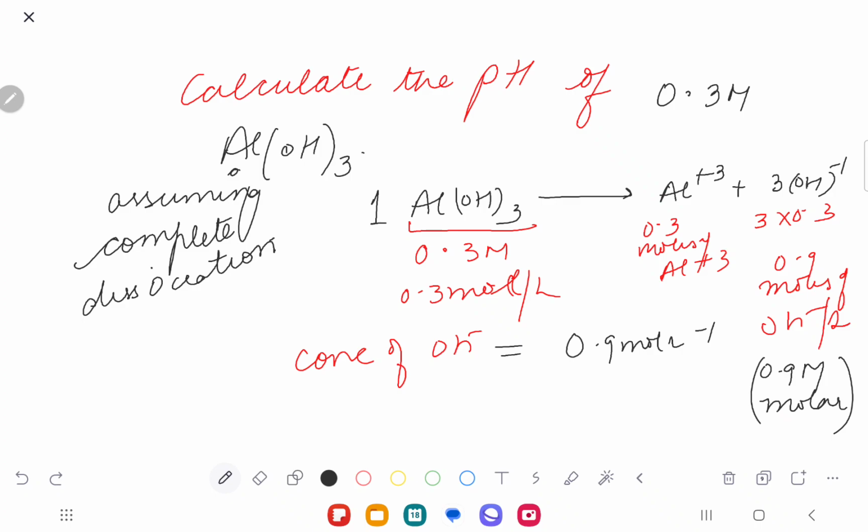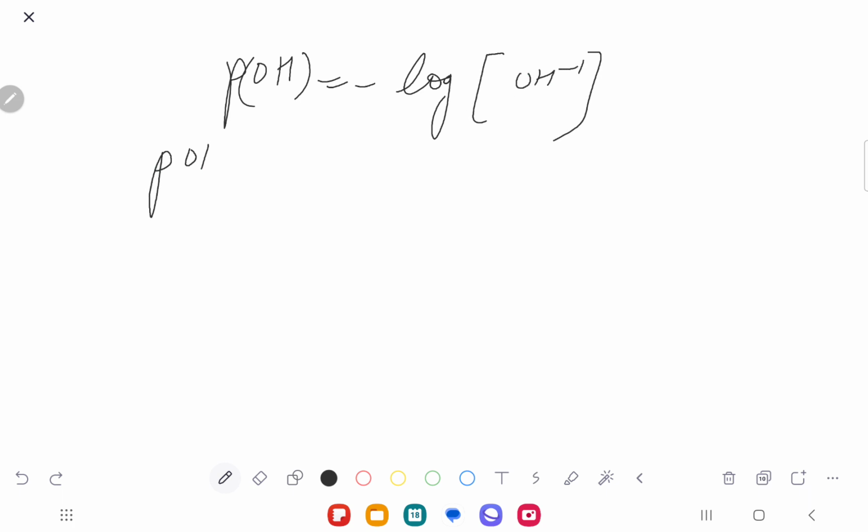So they will ask me pH, no doubt, but I have to calculate POH. So POH is going to be minus log of OH negative concentration. So POH shall be minus log of 0.9.